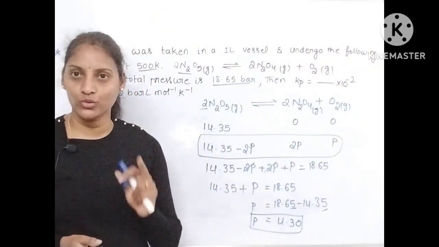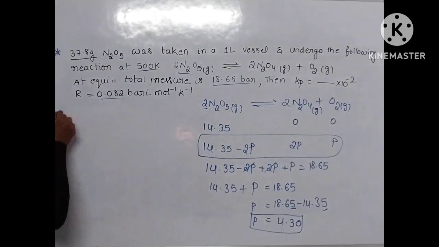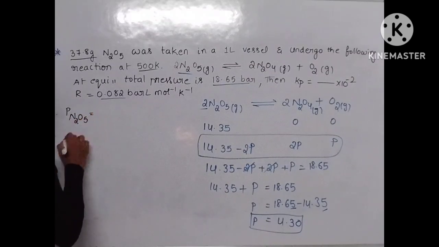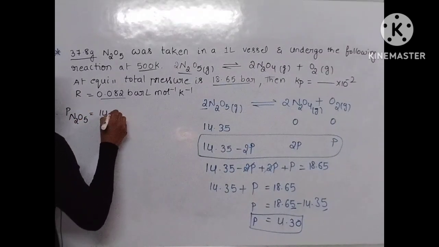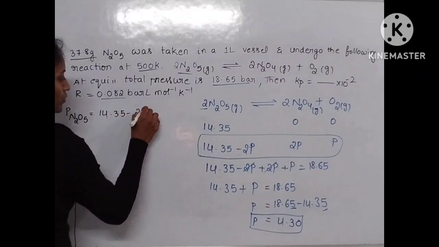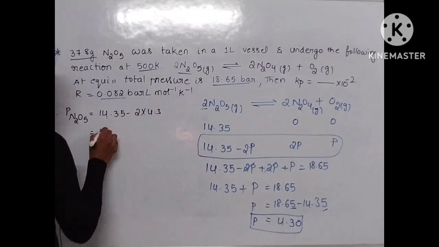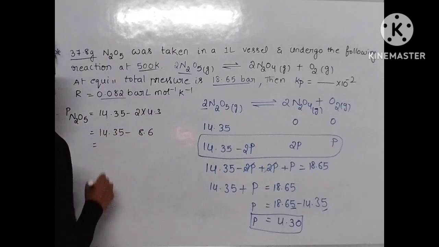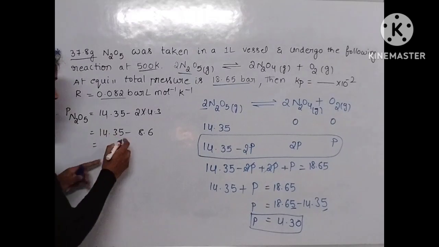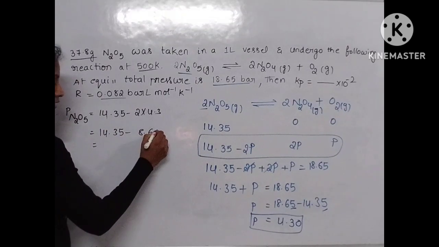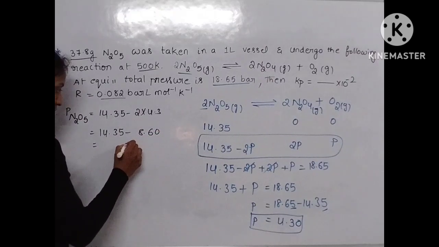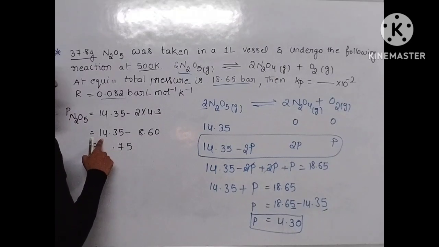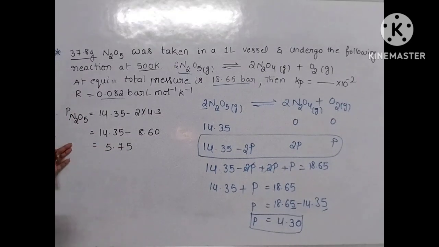Equilibrium pressure for N2O5 equals 14.35 minus 2 into 4.3, that is 14.35 minus 8.6, which is 5.75, the pressure of N2O5.